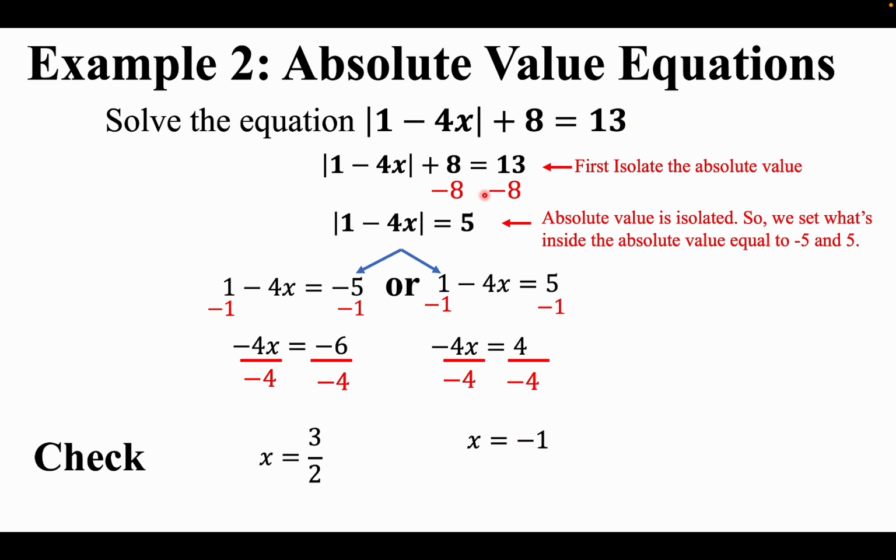Take the -1. If I plug a -1 here, -1 times -4, this becomes +4, plus 1 is 5. Absolute value of 5 is 5, and 5 plus 8 is 13, which is what we have. So both those values satisfy the equation, and therefore those are the correct solutions.